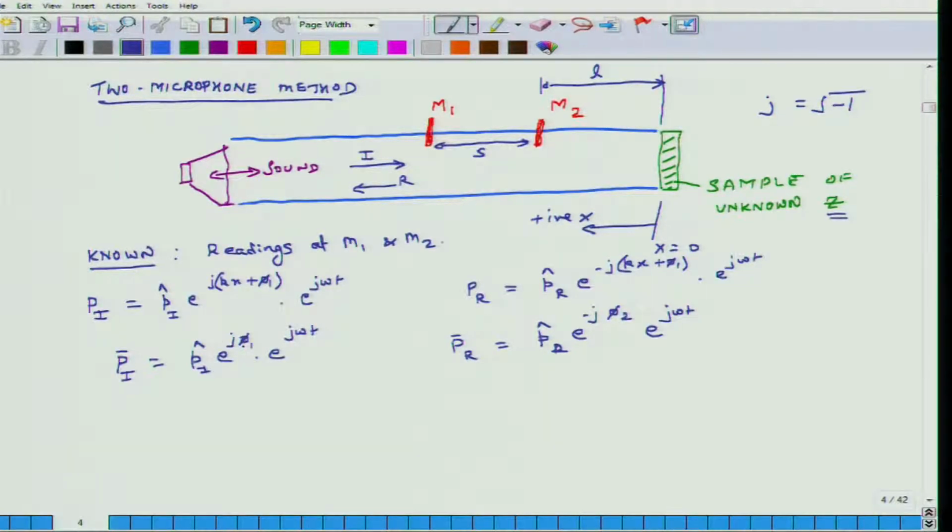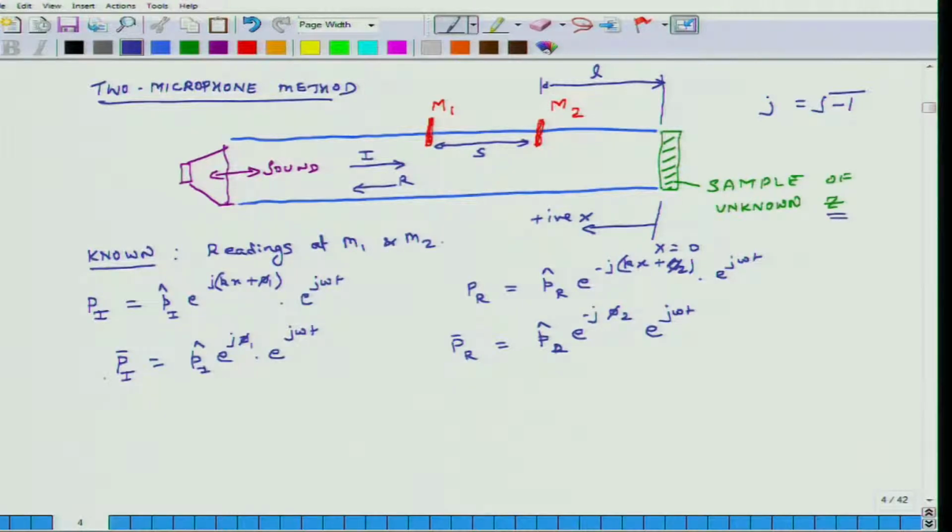I am just defining this. So Pi bar is basically a function of time also. Remember this. I have not explicitly put it in brackets, but it is a function of time, and it depends on phase phi1, and this depends on phase phi2.